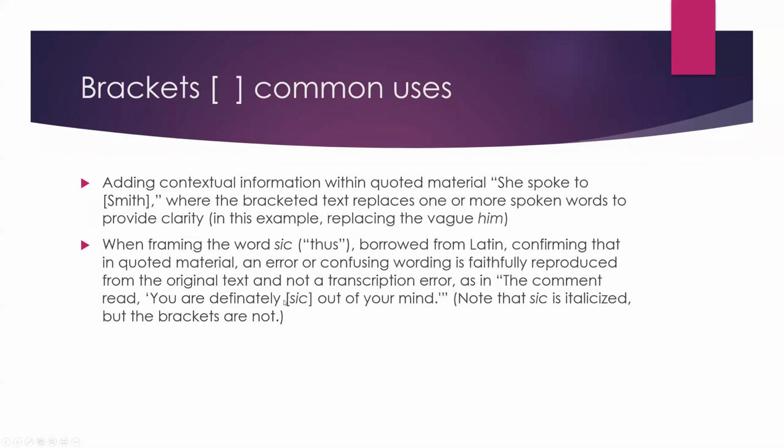This is one of the most common uses of the bracket. It is confirming that in quoted material, an error or confusing wording is faithfully reproduced from the original text and is not a transcription error, meaning that, again, the error was made by the original author, and you as, for example, an editor or someone who's transcribing that text, did not make that error.